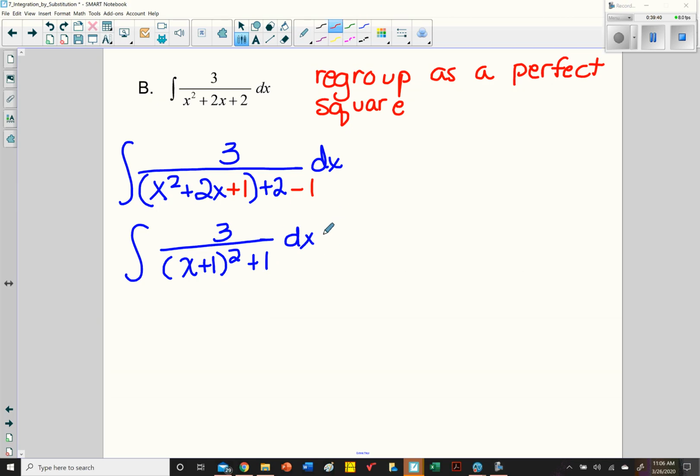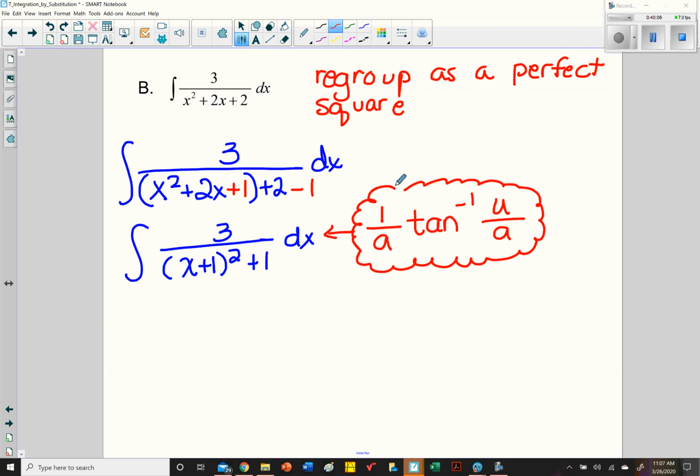And in this case, I see in my mind's eye the tangent inverse, because tangent is a squared plus 1, or x squared plus 1. So I'm thinking about this rule. Again, I'm pulling all these rules from the lesson that had all the properties and a page full of rules. So if our u is x plus 1, we'll call u the x plus 1.